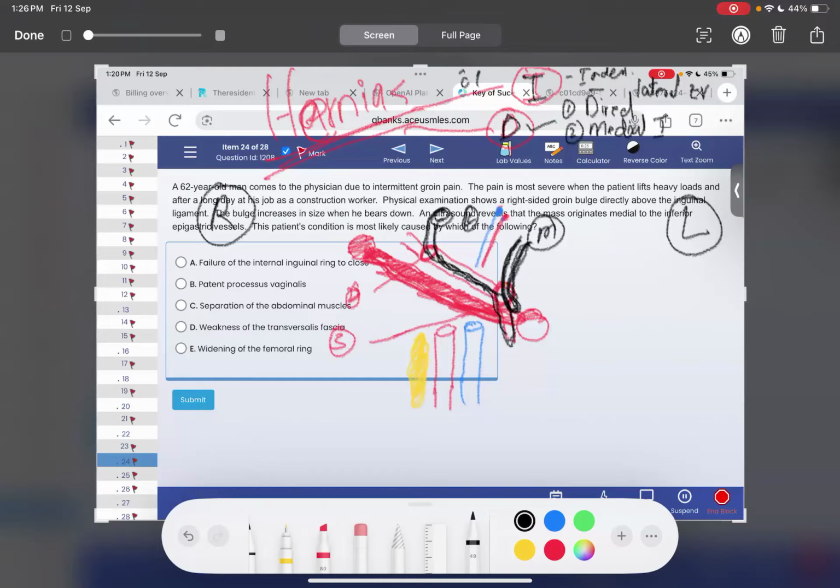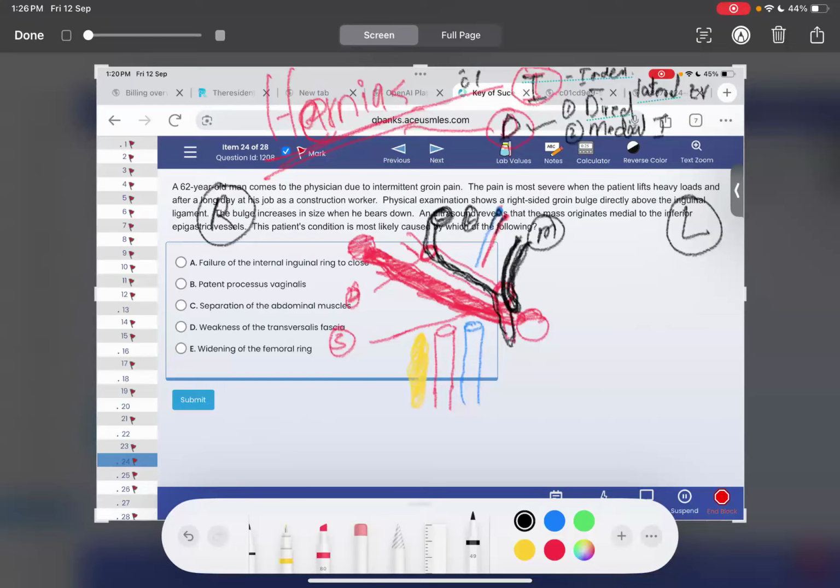Have you got the point till now? So what did you say? Lateral, medial? The direct inguinal hernia is medial to the epigastric vessels, and the indirect hernia is lateral to the epigastric vessels.